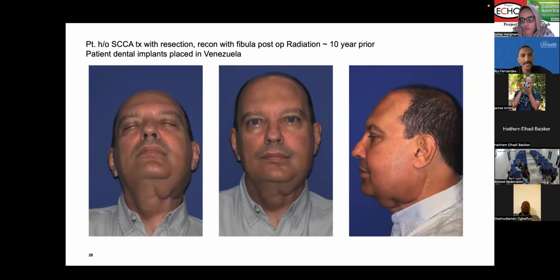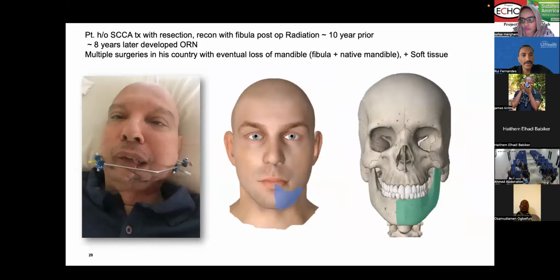About 10 years later, he was not taking such good care of his implant and then developed osteoradionecrosis. He was treated in Venezuela and then went to Colombia and was treated, and then had a series of events that were not ideal. And then he was referred back to me with this complete loss of soft tissue, lip incompetence, an external fixator.